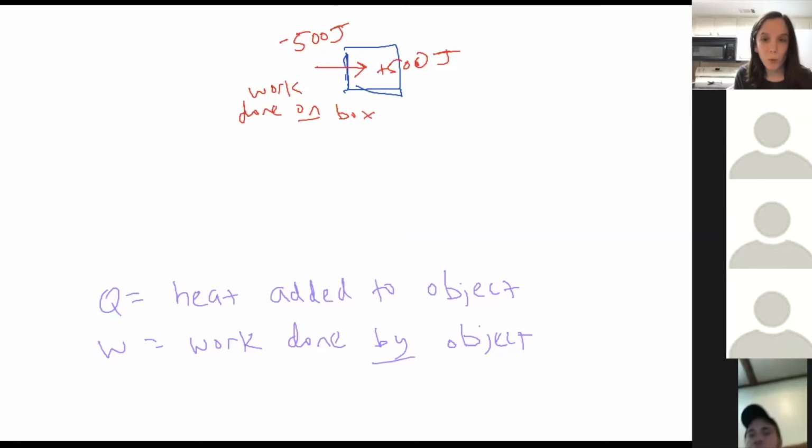So if you do work on the box, that energy is given to it. So work done on means an increase in energy to the box in this case.